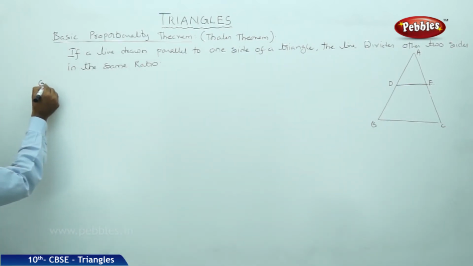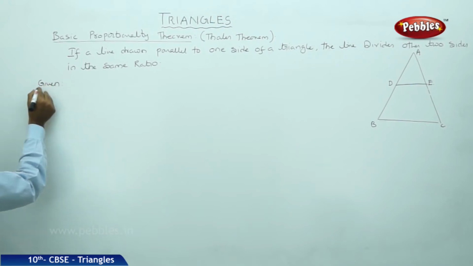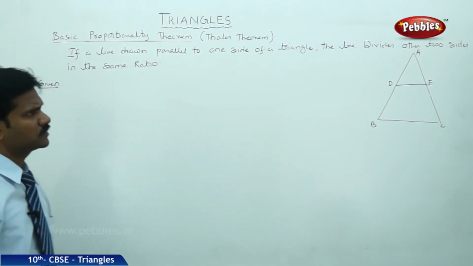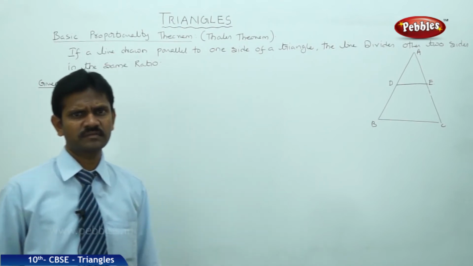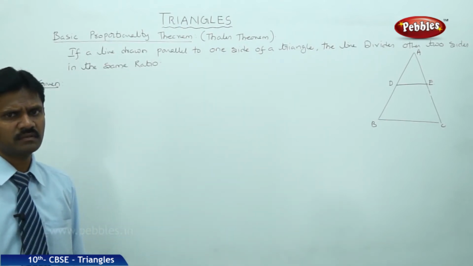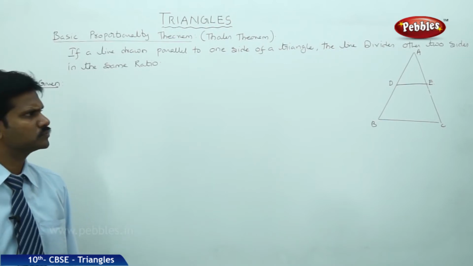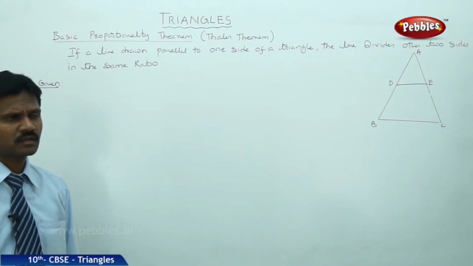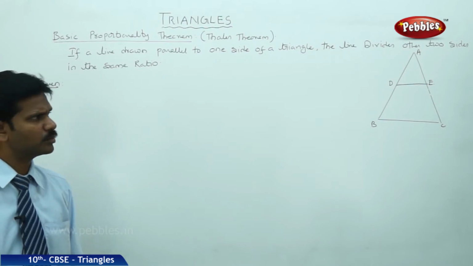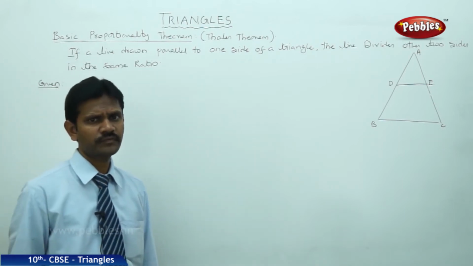Given. A theorem mainly consists of four parts. Part 1 is the given, part 2 is the RTP, required to prove, part 3 is the construction, part 4 is the proof.